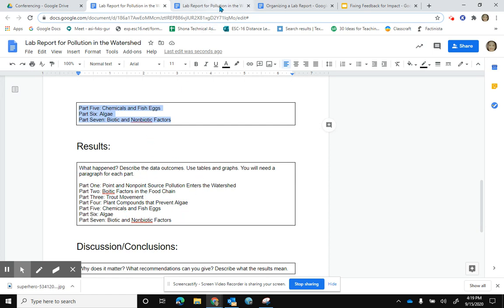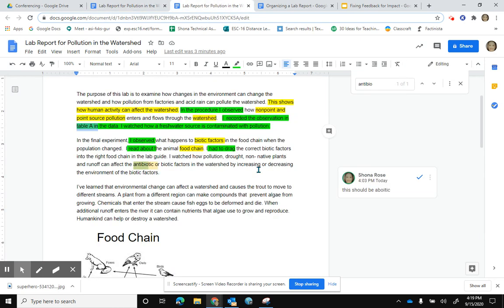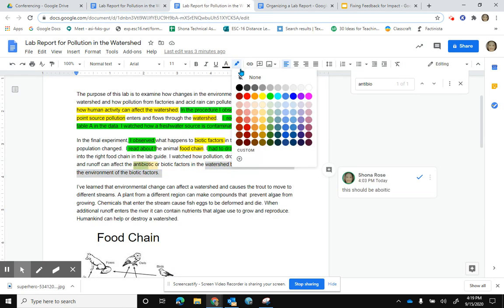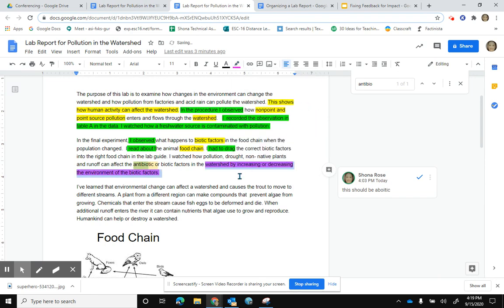So now what you would be ready to do is look at your results. You're going to go through and you're going to look at what happened. What did you see? And you had a sentence in here that I thought was really interesting. This one right here would be a good way to go in and talk about the results here because you can talk about what was increasing or decreasing and what was happening to life that is there.